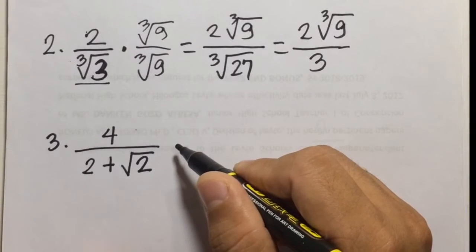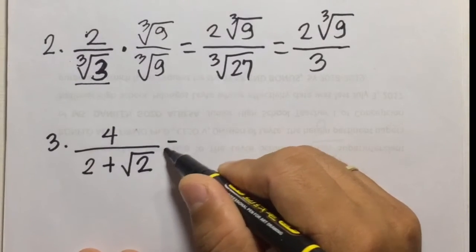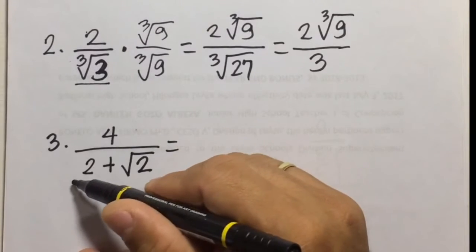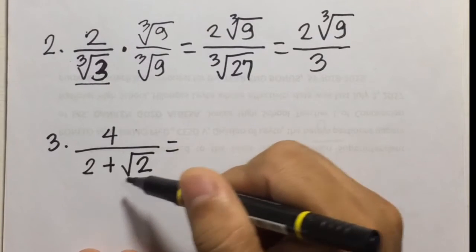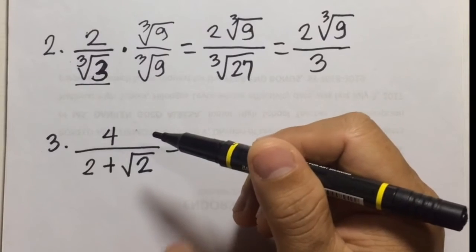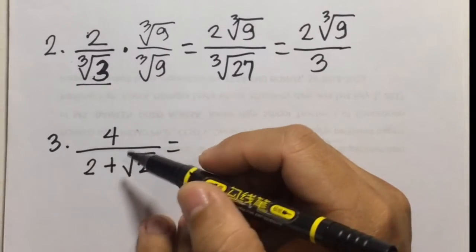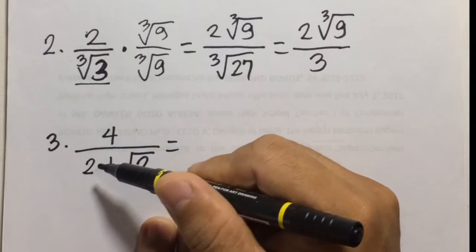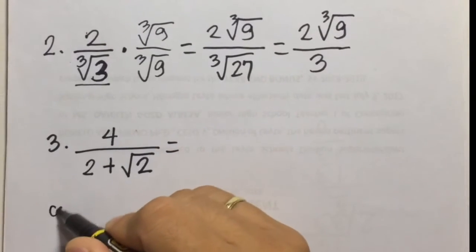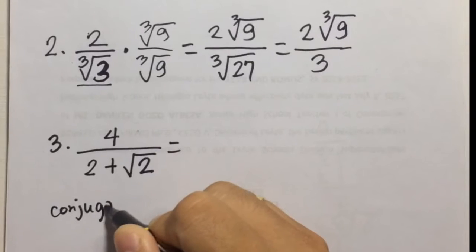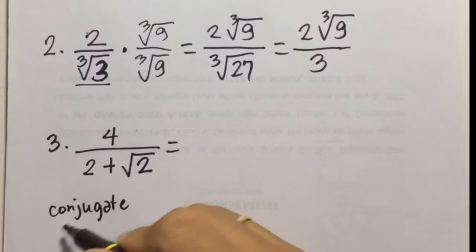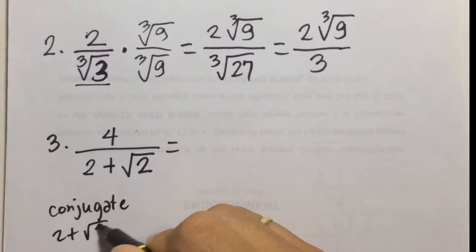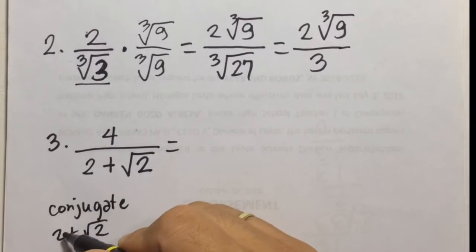Then for number 3, we have a divisor which is a binomial. What you're going to do here is multiply the numerator and denominator by the conjugate. If we have 2 plus the square root of 2, the conjugate means the opposite sign.